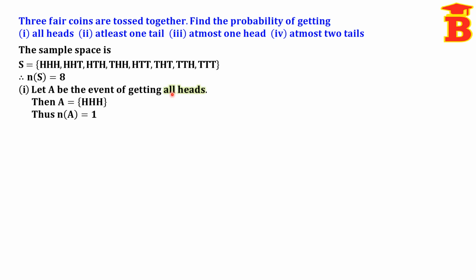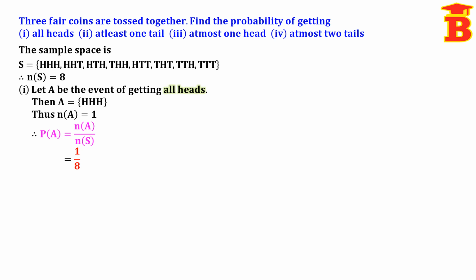So we have all heads only one time, that is HHH. Now using the formula P(A) equal to n(A) divided by n(S), that is equal to n(A) value 1 divided by n(S) value 8. So the answer is 1 by 8.